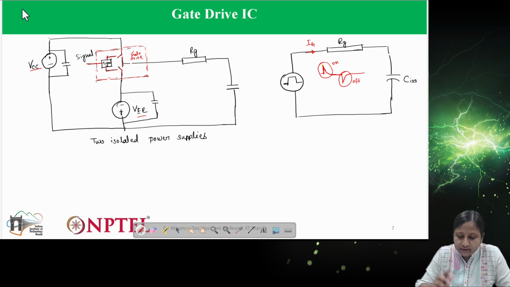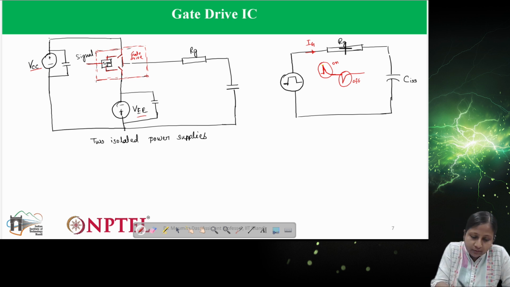Now you know about this gate drive circuit and the current rating, how much the voltage should be, how much the current should be. Now you can see here the gate resistance is shown as Rg. Rg is not that simplified a kind of resistance; it comes from different parts of the gate drive.